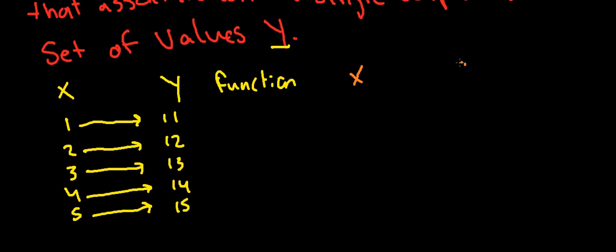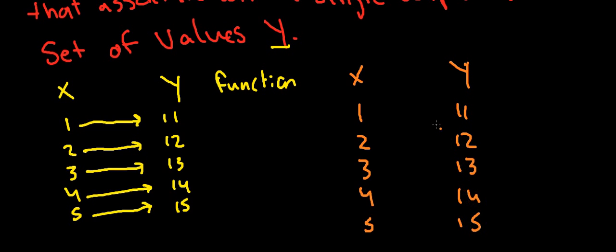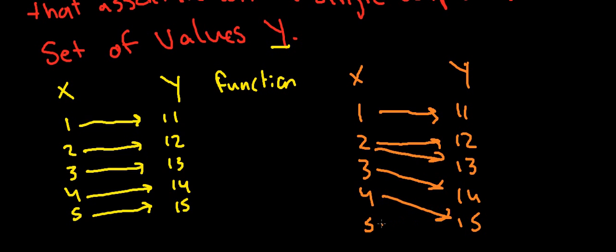Let's say x, y, and I have the same set: 1, 2, 3, 4, 5, and 11, 12, 13, 14, and 15. Let's say 1 goes with 11, 2 goes with 12, 2 goes with 13, 3 goes with 14, 4 goes with 15, and 5 goes with 13.